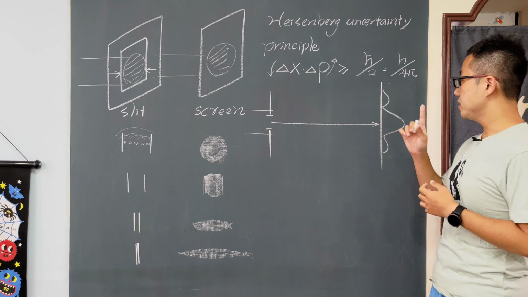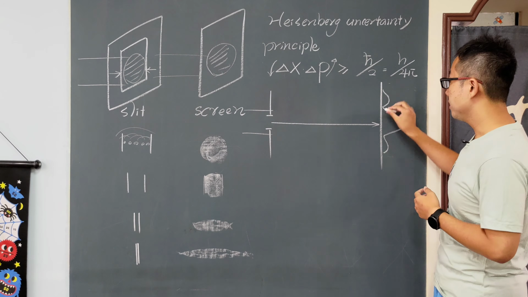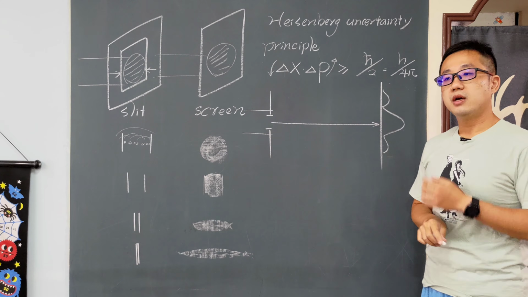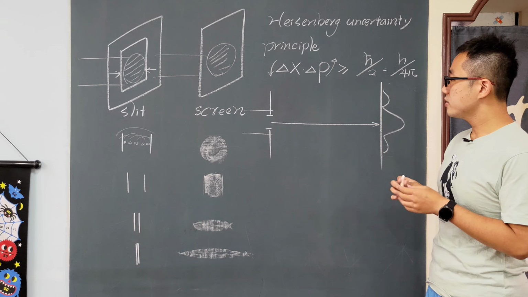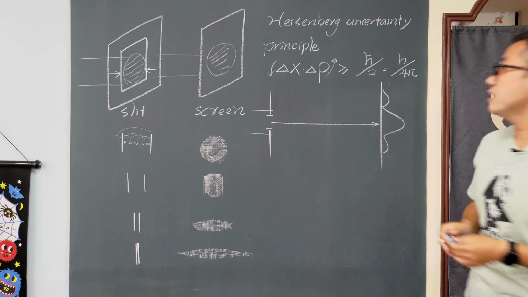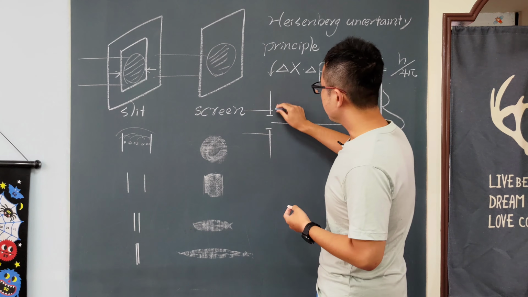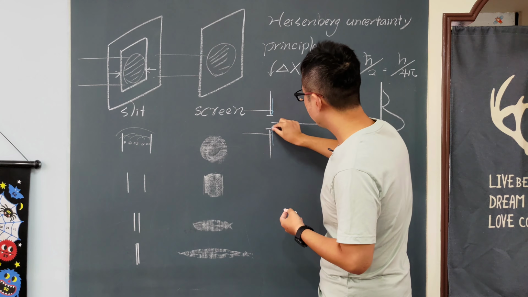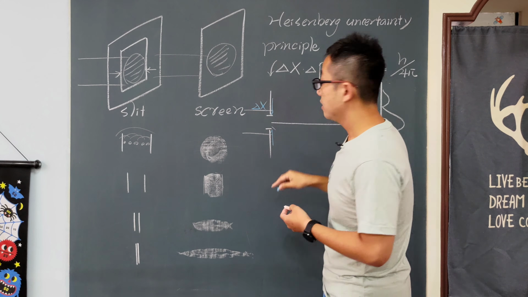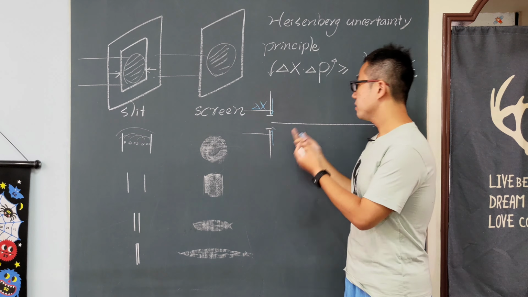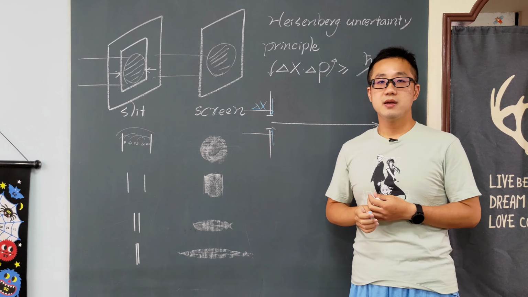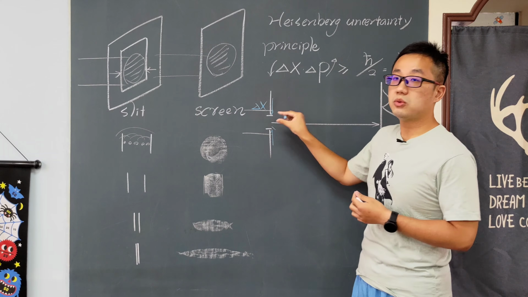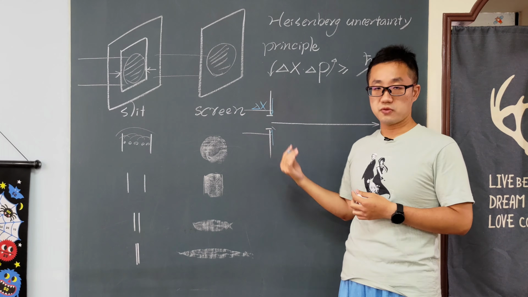Let's check the first destructive interference pattern right here. You can imagine this is delta P, and the size of the slit is delta X. So if you make your slit even narrower, that means you are decreasing delta X, because this is the only way that the particles can pass through.